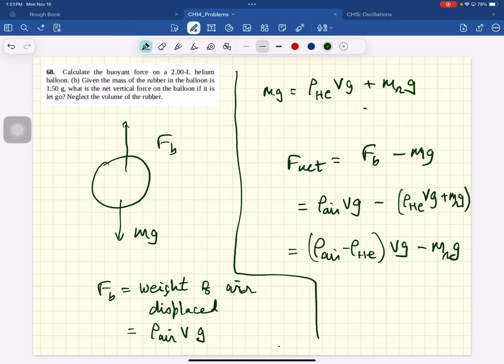Okay, that's the net upward force. What we'll do is we'll calculate this.